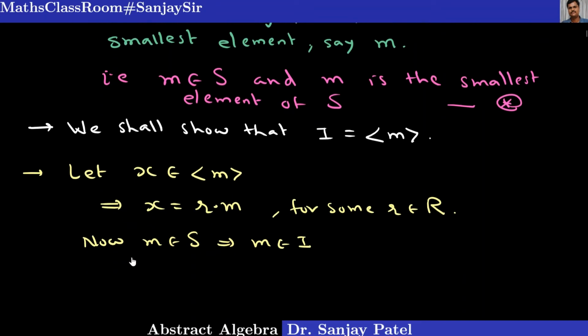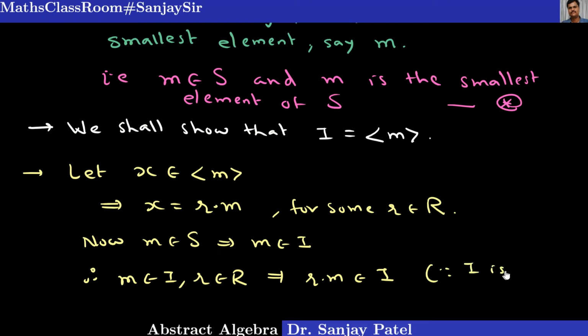Okay, M belongs to I and I is an ideal. Therefore, M belongs to I and R belongs to R implies R into M belongs to I, because I is an ideal. We are using that ideal condition: the product of these two belongs to I. But what is R into M?